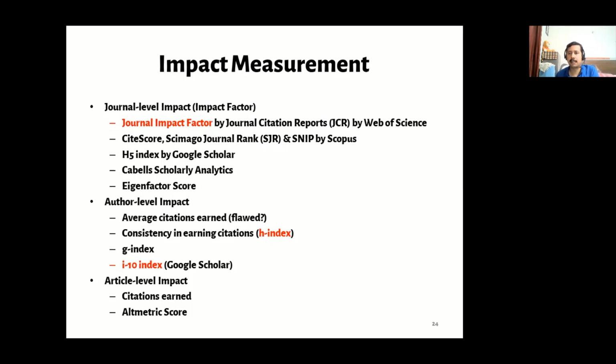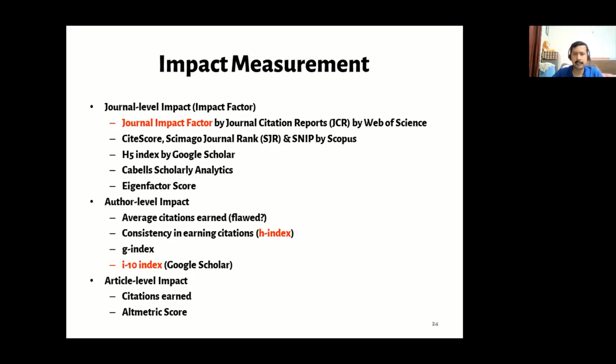Recently, an alternative metric score has emerged, called the altmetric score, which not only considers citations in scholarly publications, but also alternate sources such as Facebook posts, blog posts, Twitter mentions, retweets, then news feeds, etc., as the basis to measure the impact of articles.